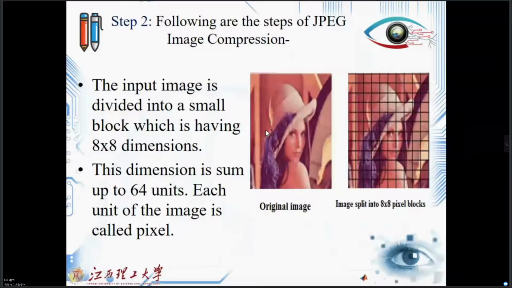Why do we have 8 by 8? Because this dimension is the sum of 64 units, and each unit of the image we call a pixel. Then, as I even brought the Lena picture here, you will see the original image and the image split into 8 by 8 pixel blocks, which can be done as the first step of our job.